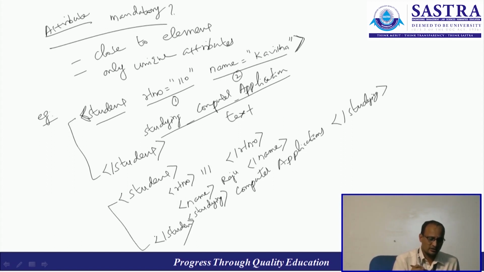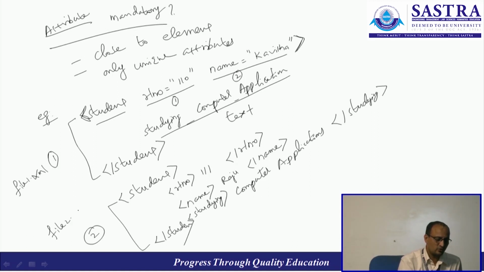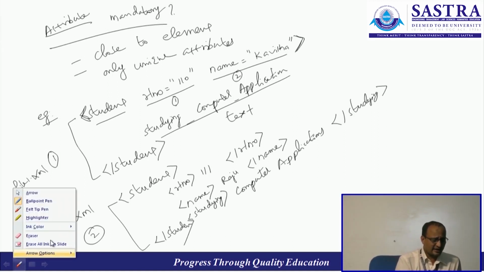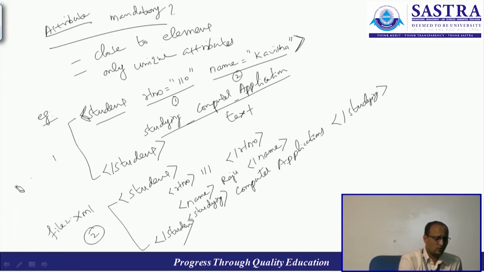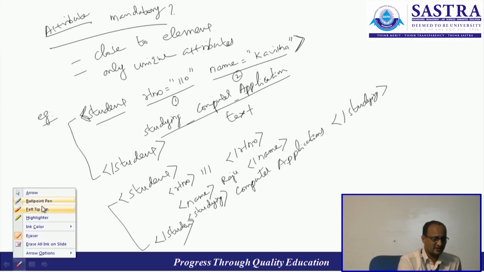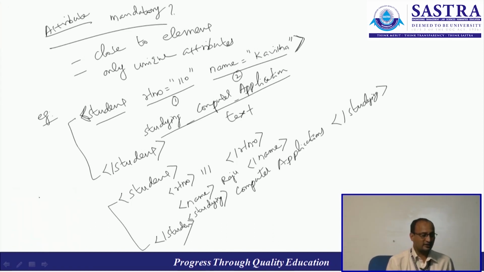So this is the way the same XML document can be written. Assume that this is one document and this is another document. This is file1.xml, this is file2.xml. No problem for this, this is right. Suppose I don't want to keep them as separate files, I want to make it the same file.